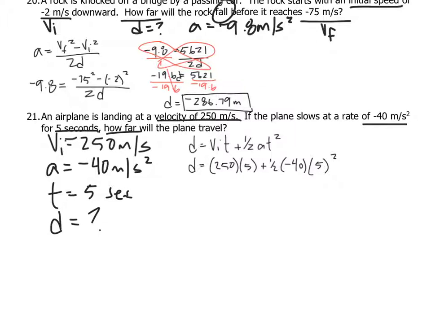So I'll do this in a couple steps. 250 times 5 is 1250. And plus 5 squared times a negative 40 times 1/2 is negative 500. So 1,250 plus a negative 500 is 750 meters.